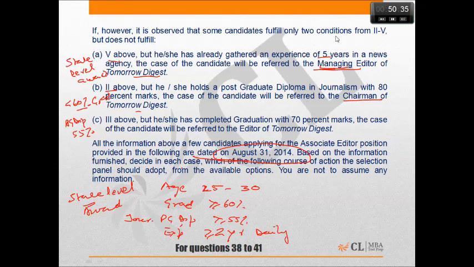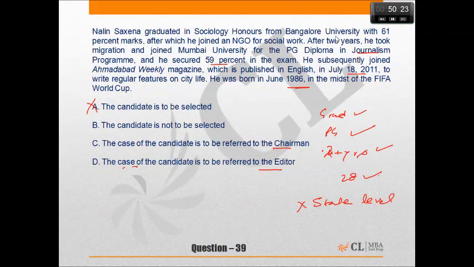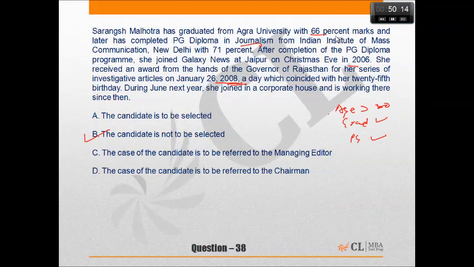Let me look at the question paper. I hope there's no typing error. Chairman. State level award was item 5, wasn't it?